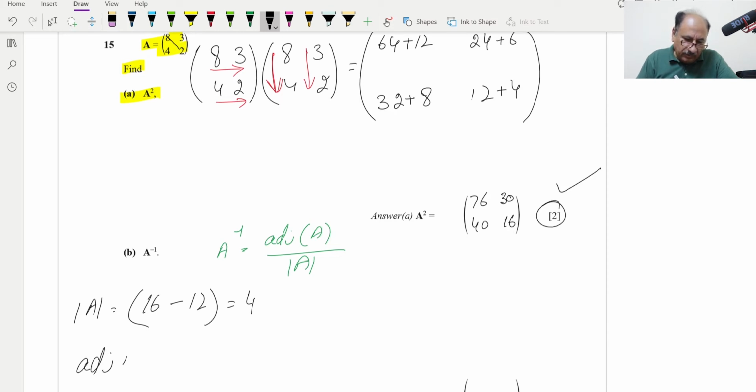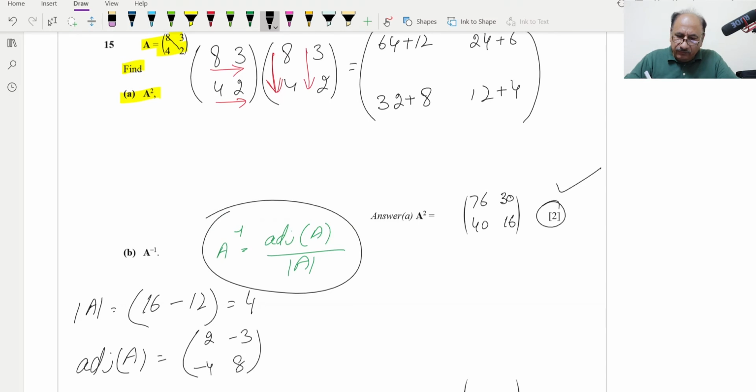Adjoint of A will be changing location of 8 and 2. So we'll swap 8 and 2 and change the sign of the 3 and 4. So minus 4 and minus 3, this will be adjoint of A. And now we will utilize this formula, and we will find A inverse is equal to adjoint of A, which is 2 minus 3 minus 4 and 8, divided by mod, so divided by 4.